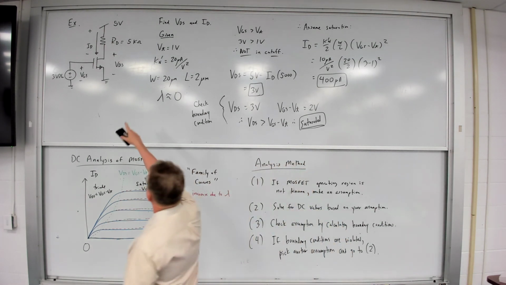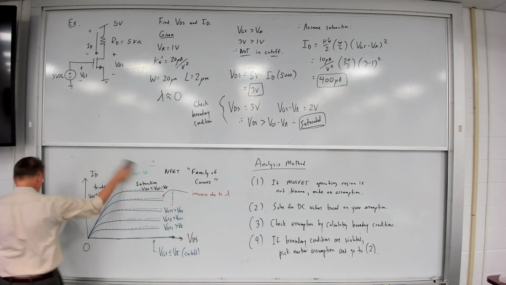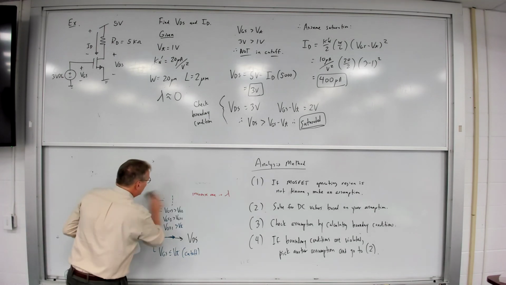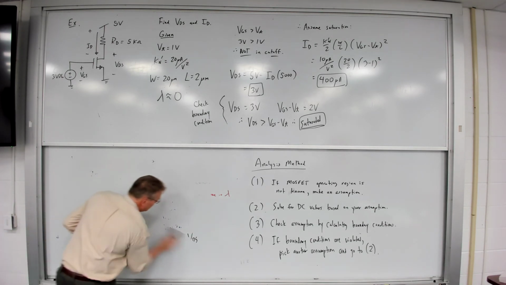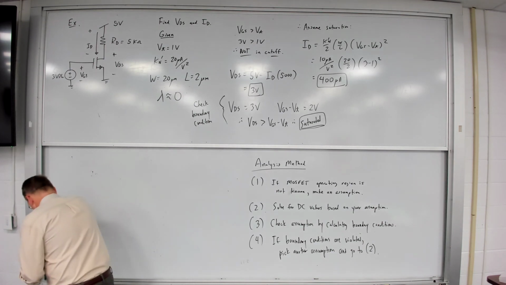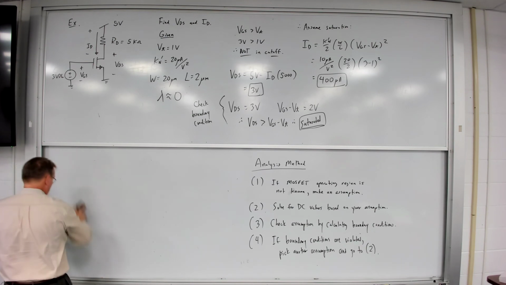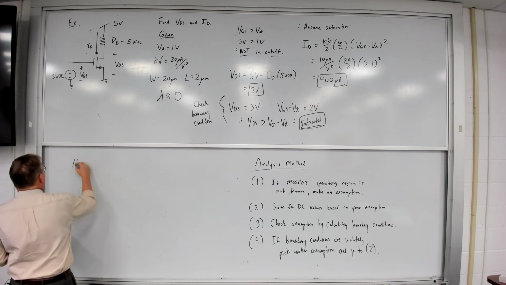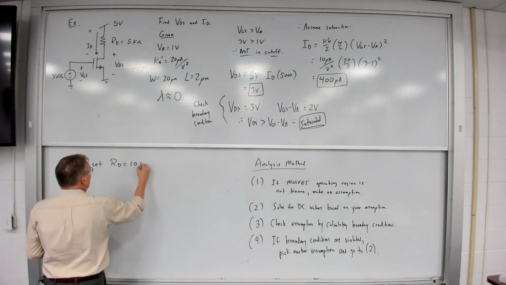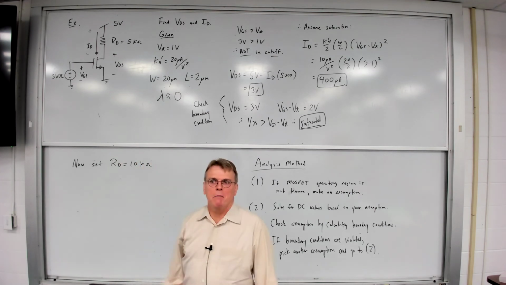No. I'm going to do exactly the same problem, but I'm going to change the value of that resistor. Now I'm going to set RD equal to 10K, and I'm going to work the same problem.